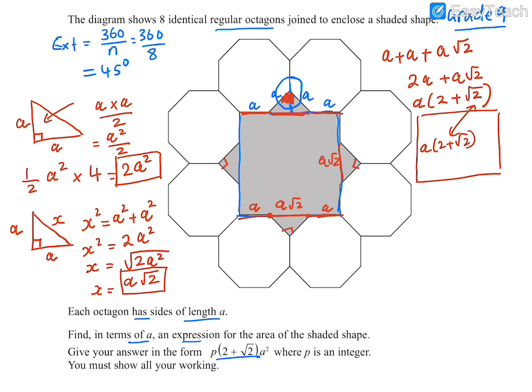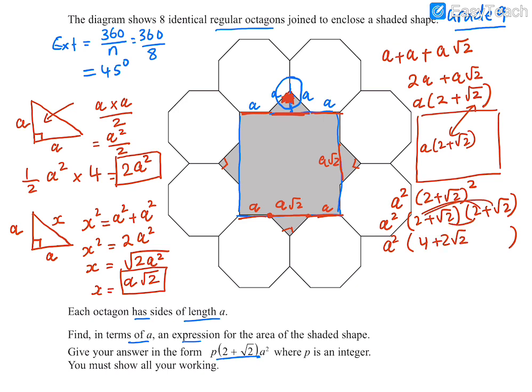So let's square them. It's going to be A squared and then 2 plus root 2 squared, so we have 2 double brackets. A squared and then 2 plus root 2 and 2 plus root 2. I'm just going to work this out first and leave everything else in the bracket. So 2 times 2 is 4, and then plus 2 root 2, plus another 2 root 2, and then root 2 times root 2 is just 2.